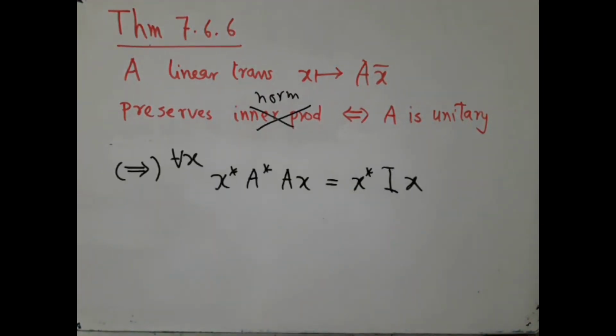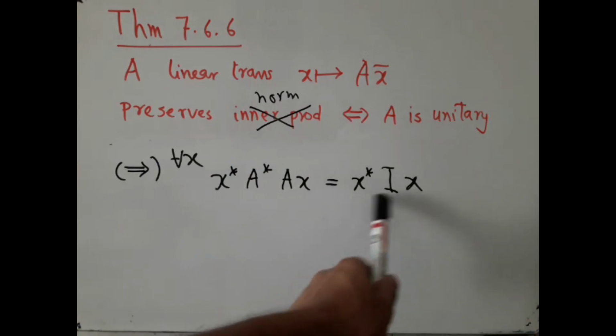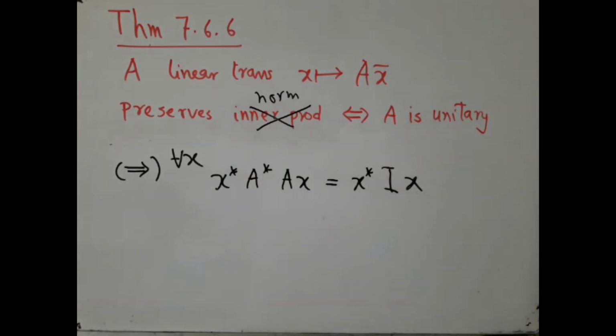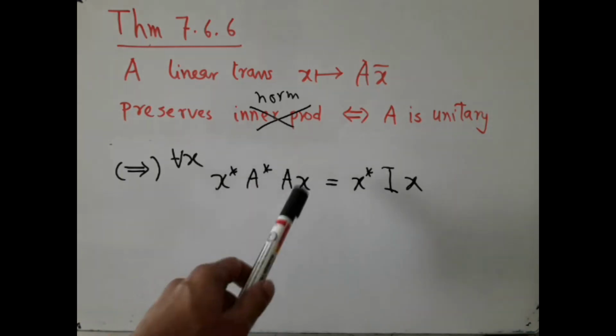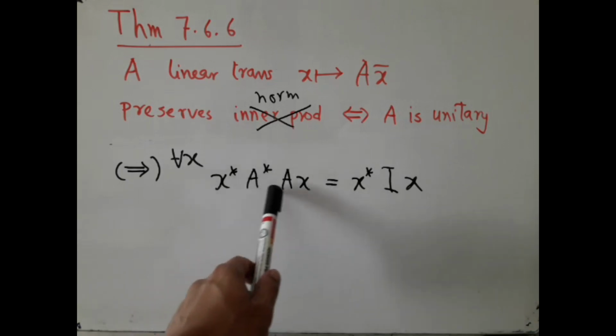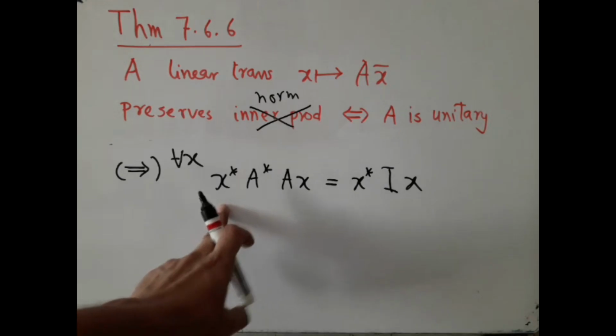So following the argument that I just now showed for inner product, we come to this. I take any x, consider its norm square, which is x star x. I have just put an I there. And also the norm square of Ax, which is the inner product of Ax with itself, so x star A star A x. In the last case, we had a y star here and x here.